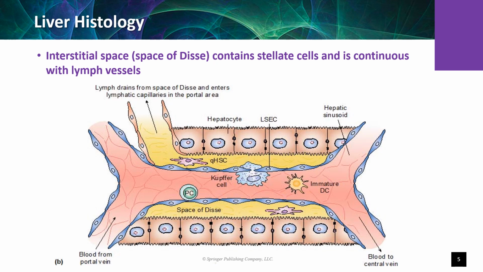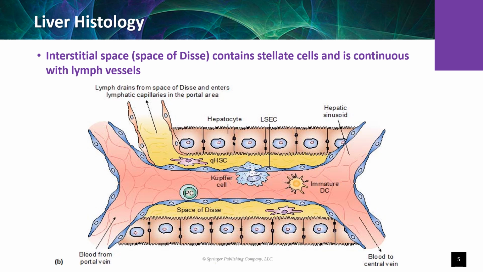The sinusoid walls are made up of specialized liver sinusoidal endothelial cells. The sinusoid is separated from the surrounding plate of hepatocytes by a space of Disse, which is directly connected to lymph drainage. This space of Disse between the sinusoids and the hepatocytes contains hepatic stellate cells.